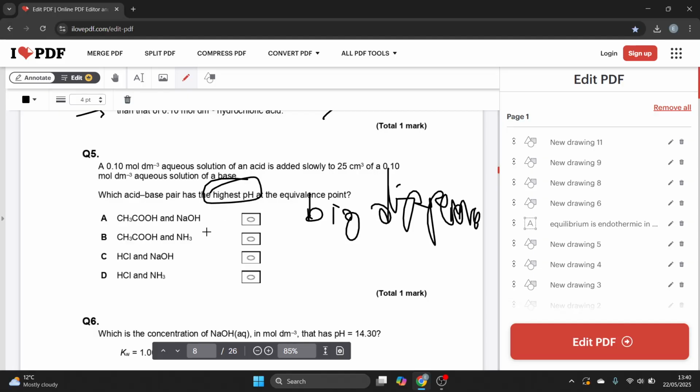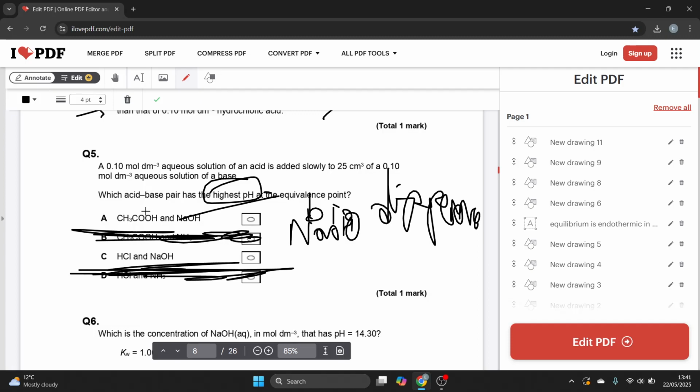Hydrochloric acid is a strong acid. Ethanoic acid is a weak acid. Sodium hydroxide is a strong base, not a weak base. Ammonia is obviously a weak base, so I'm going to cross that out.